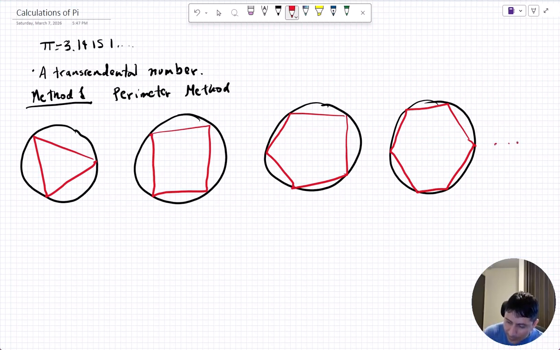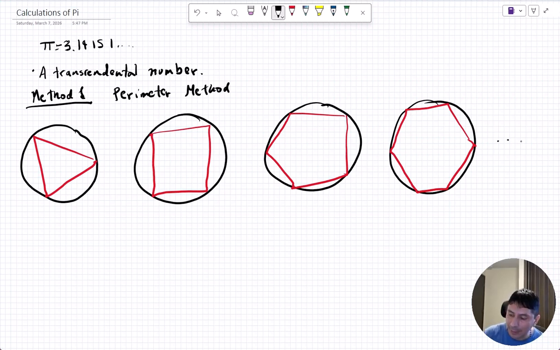So keep drawing circumscribed, yeah, that's how you say it, regular polygons inside the circle and calculate the corresponding perimeters and areas. And the idea is that eventually those areas and perimeters approach the perimeter of the circle and the area of the circle, right?